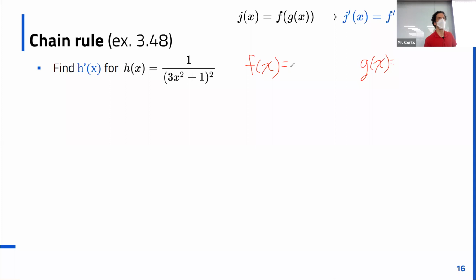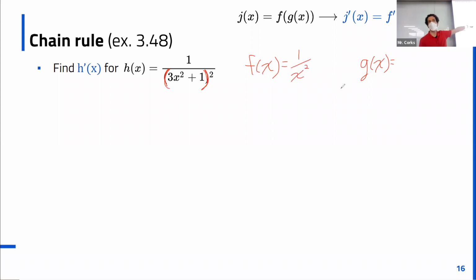It has to be a little more than that. Not the whole thing. We have to split this up into almost 1 over something. Often what's easiest is to look at these brackets here. Yeah, let's use that. So 1 over x squared.